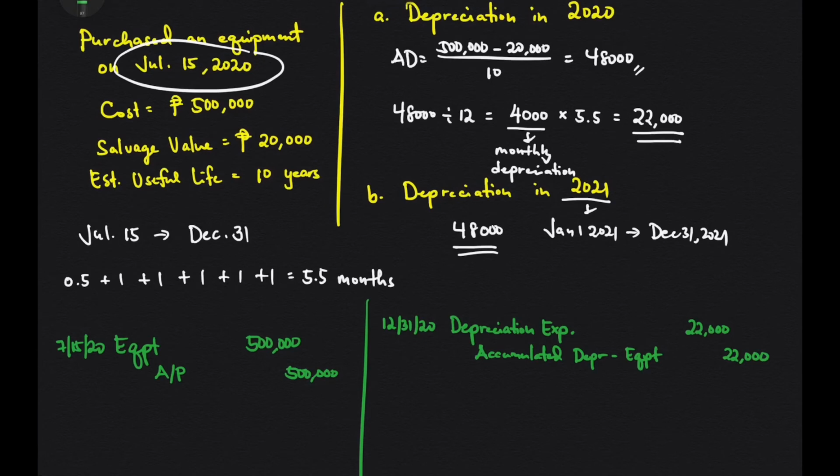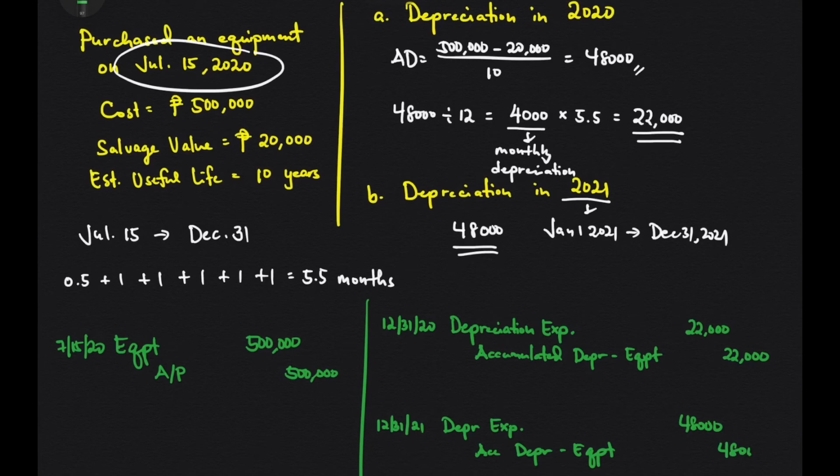How about in 2021? Again, follow the format. Debit depreciation expense, credit accumulated depreciation equipment, 48,000.